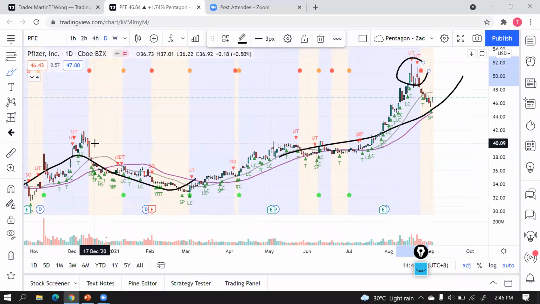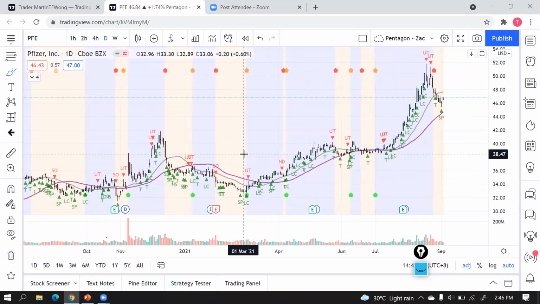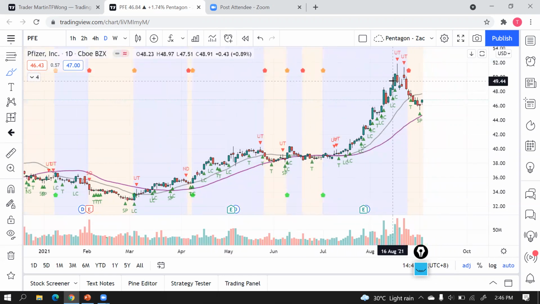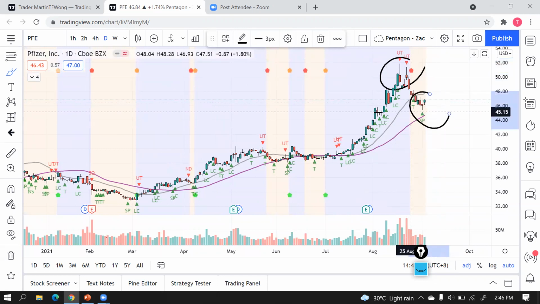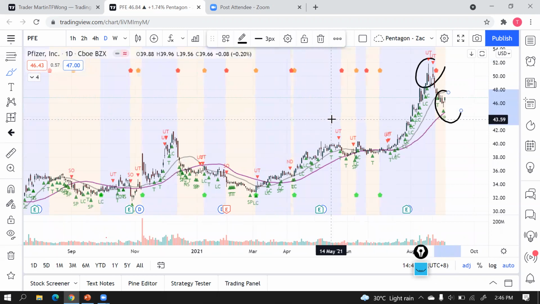Now it's a bit difficult for me to tell, is this a distribution or potential reaccumulation? But at the moment, I still think maybe it's a reaccumulation. Even though yes, this is an upthrust high volume, the subsequent bar on this pullback, the so-called pullback bar, doesn't come with wide-spread down bar high volume.